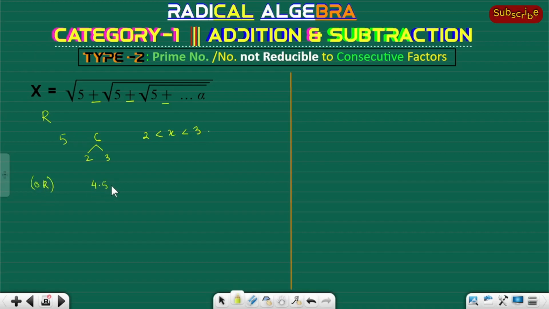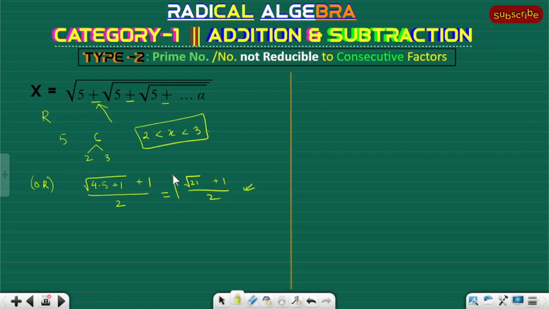Root of 4 into 5 plus 1, and here it is plus, so plus 1 divided by 2. This is nothing but root 21 plus 1 by 2. Either this or this is the answer. If the option is given in range, choose this. If it is given in specific value, choose this.